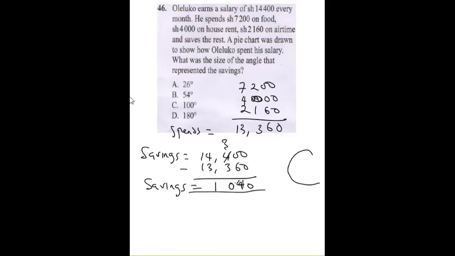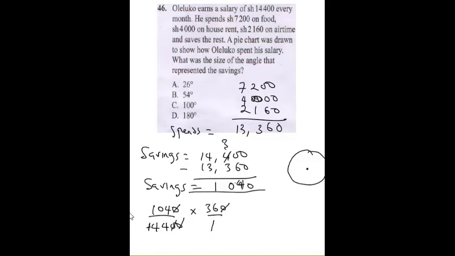So now, for us to get the pie chart, we're going to represent it. Remember, your pie chart, it's a circle, so it's by 360. So this is going to give us 1,040 divided by the total, which is 14,400, times 360 over 1. So all we need to do here is divide this. So 0 will cancel 0, 0 will cancel 0. Now 36 can go.